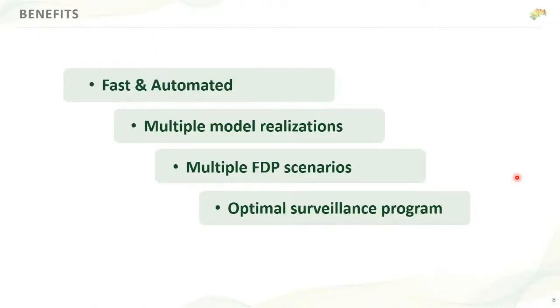So the main benefits of this are, number one, it's fast and automated. In the conventional workflow, the team will come up with a series of actions, then they send it to the simulation team, and the simulation team spends a lot of time going through this, then it comes back to the asset team, so there's a much longer turnaround time there.